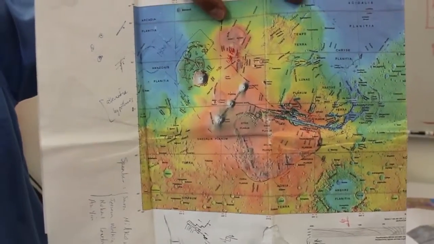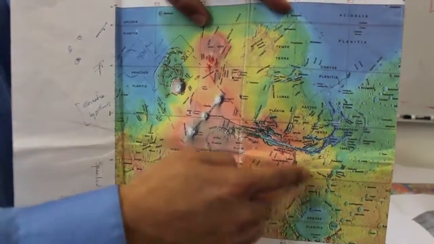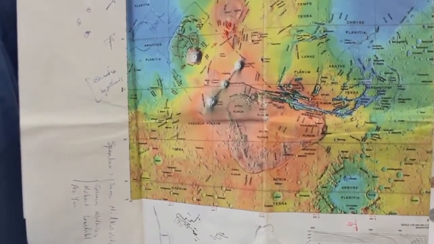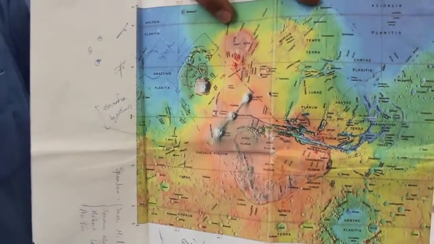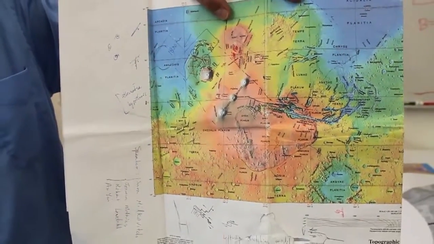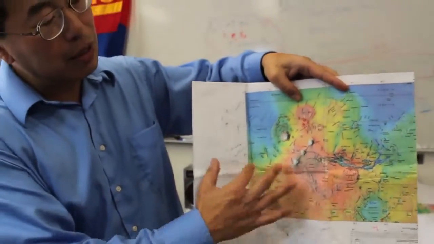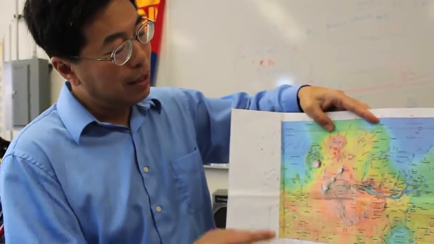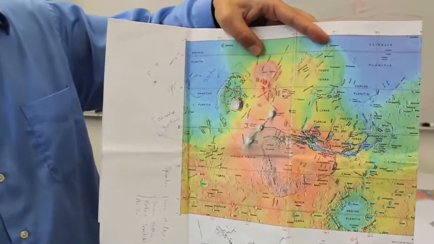It's very similar to Tibetan Plateau on Earth, but it's much bigger. The size of this area is about 2/3 of the North American continent. And the elevation of this area is also much higher than Tibetan Plateau. Tibetan Plateau's average elevation is about 5 kilometers, and this area is about 11 kilometers, so almost double the height.